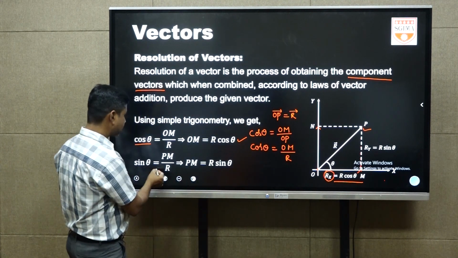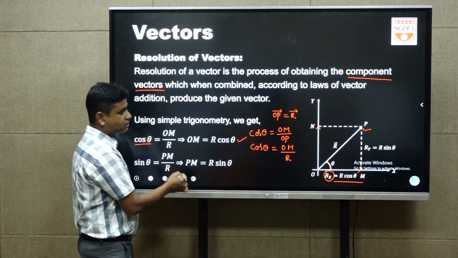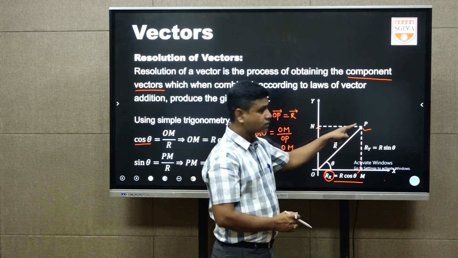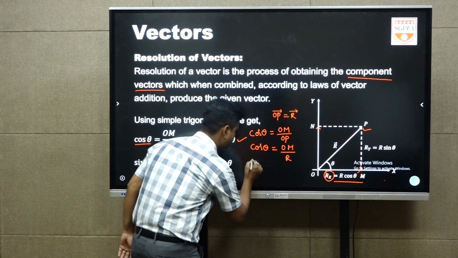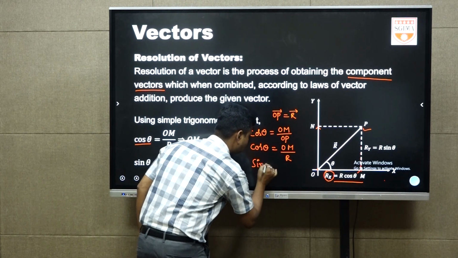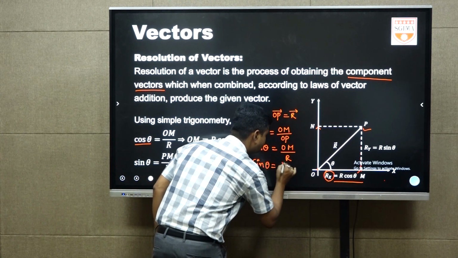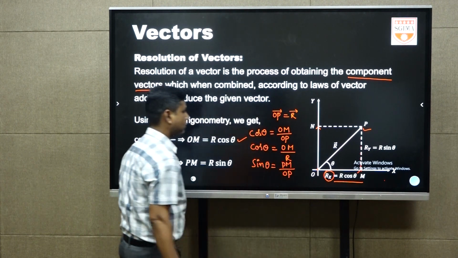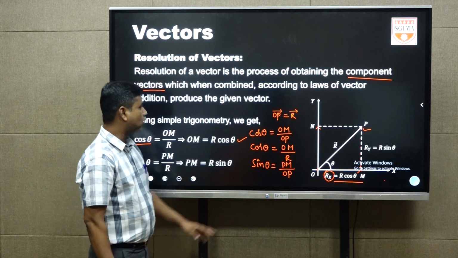Sin theta equal to opposite. Opposite means PM, and the hypotenuse is OP. So sin theta equal to PM upon OP. But do you know OP equal to R?